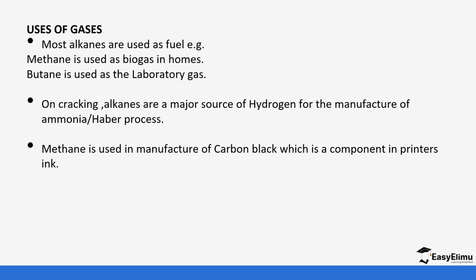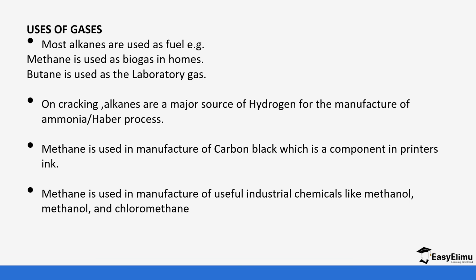Methane is also used in the manufacture of carbon black, which is a component in printers' ink. Methane is also used in the manufacture of chemicals like methanol and chloromethane. So you notice how methane is used quite widely.